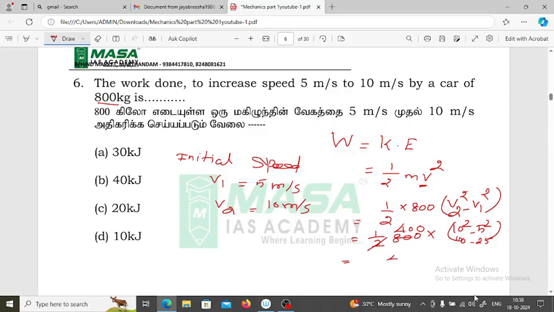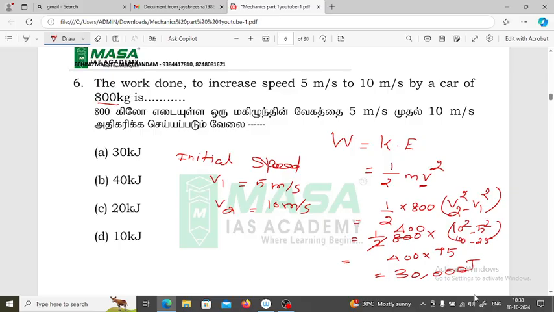So we get 400 into 75. What is the answer? We get 30,000 joule. 400 into 75, we get 30,000 joule.